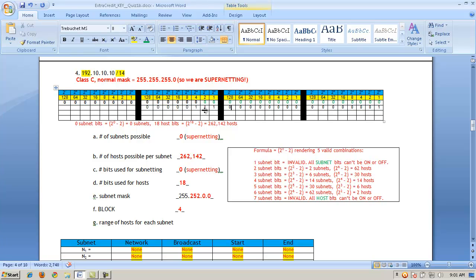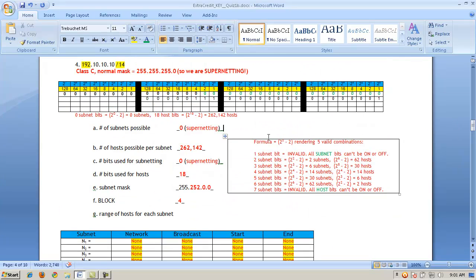And then if I add the 4 and the 2 and the 1, that gives me a 7 here. So my first valid IP in this case would be 192.4.0.1, and my last valid IP would be 192.7.255.254. I could calculate all of those, but as far as multiple subnets, no. I'm not going to have multiple networks here. I'm supernetting rather than subnetting.